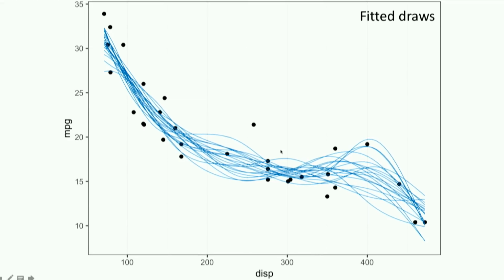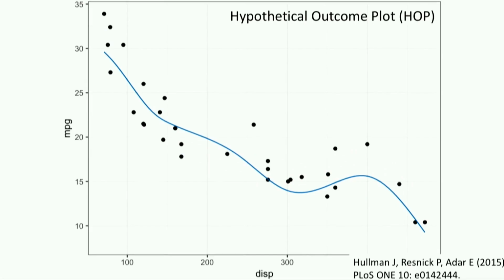And the problem fundamentally with uncertainty is that you don't know, but when you see a plot, it looks certain, right? It's really difficult to plot uncertainty because the plot is kind of certain, but it's not certain. And so there was this idea that was popularized very recently of the hypothetical outcome plot.